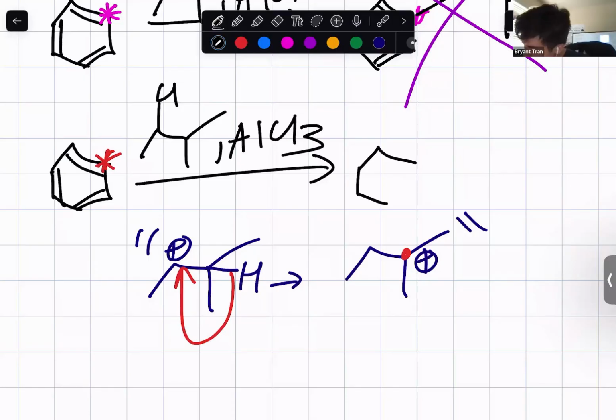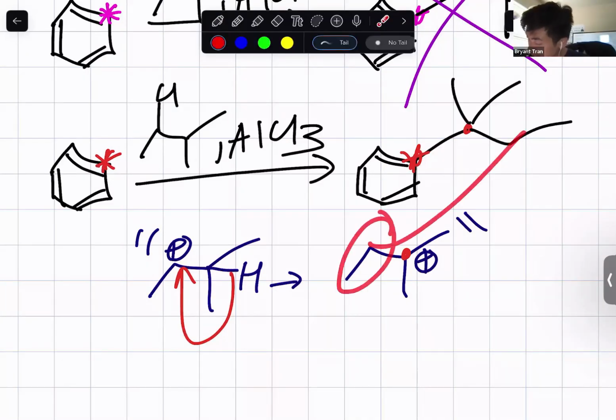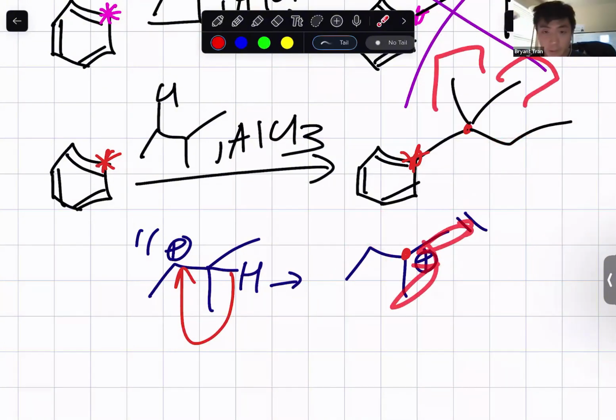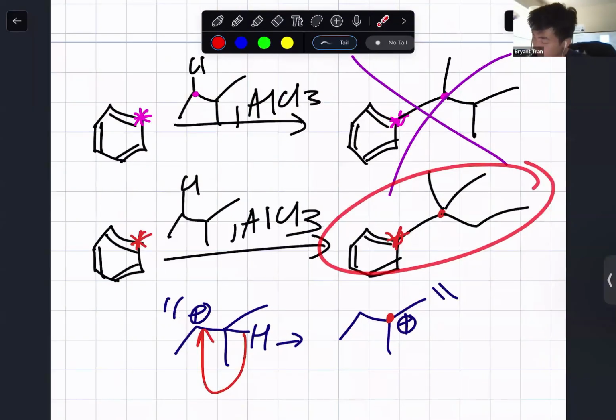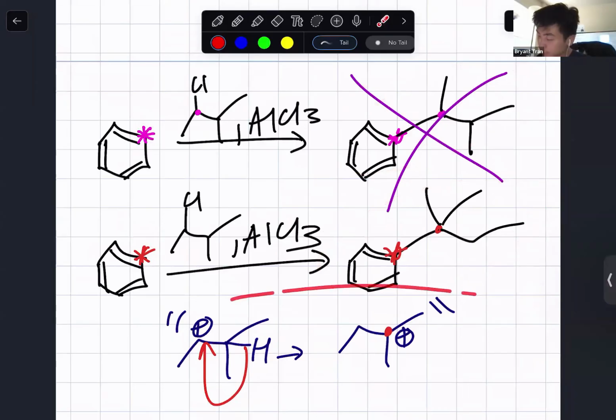And if you use that method, you will end up with the right product, where this is the starred carbon, this is the dot carbon, this is the new bond between the star and dot. The dot is attached to an ethyl group and two methyl groups like that, right? Ethyl group here, right? Two methyl groups are here. Okay, so this structure here is different than this structure here, and that's because of carbocation rearrangement right there.